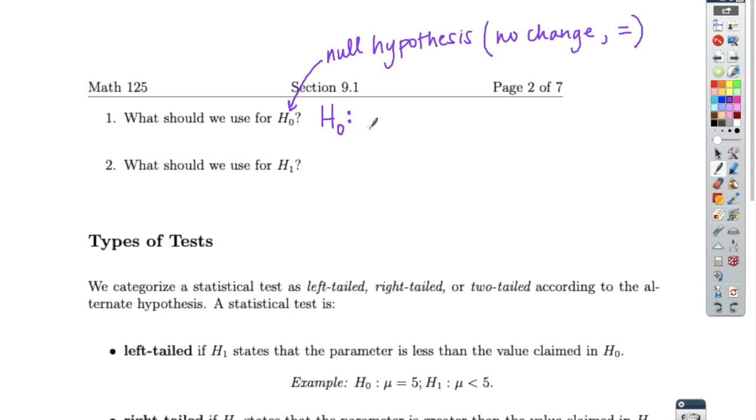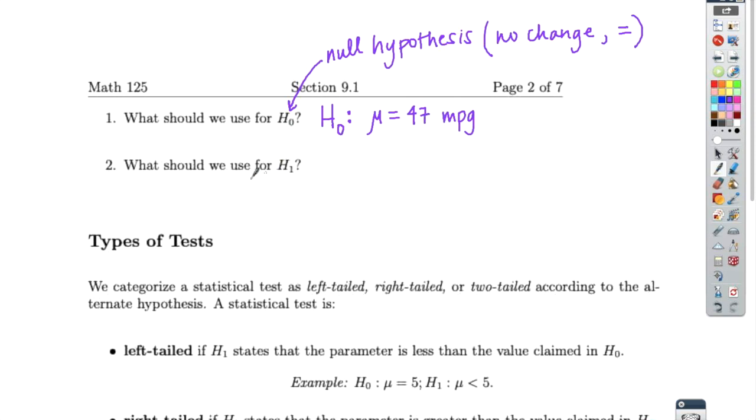Our null hypothesis is that mu equals 47 miles per gallon. Our null hypothesis is that there's no change. They say it's 47 miles per gallon. We say, okay, no change, it's 47 miles per gallon. We used an equal sign. We didn't change anything that they gave us in the data.